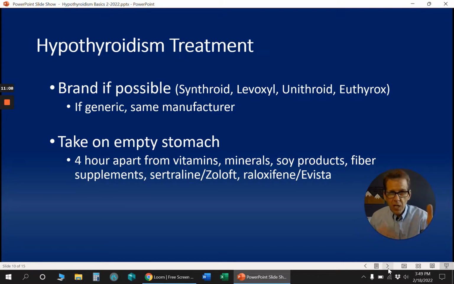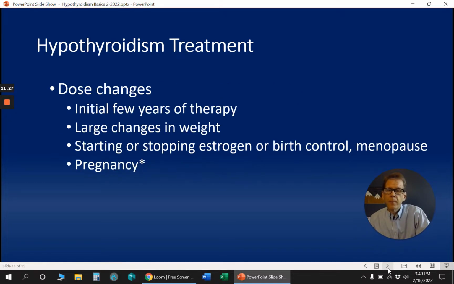If these things are in your stomach at the same time as thyroid hormone, they can keep you from being able to absorb that thyroid hormone. So for levothyroxine and its preparations, most people take it either first thing in the morning when they get up or last thing when they go to bed, ideally at least 2 or 3 hours after the last time you have eaten. Now, your dose will be adjusted based on your symptoms and your blood results.